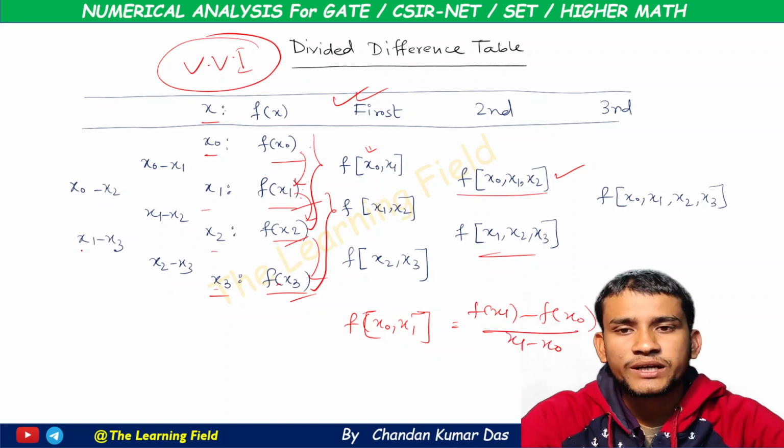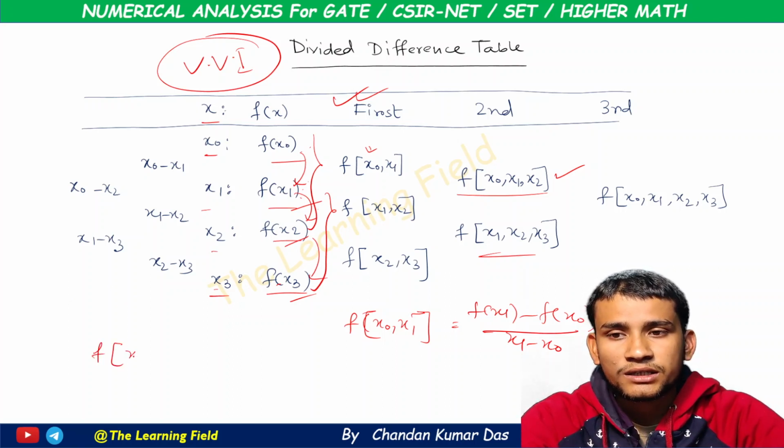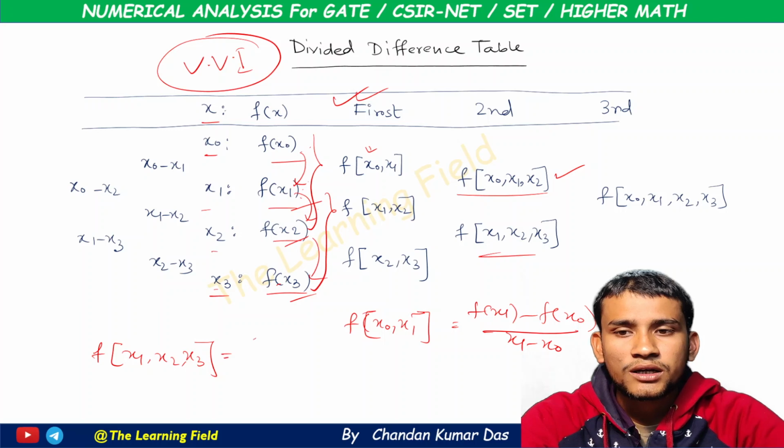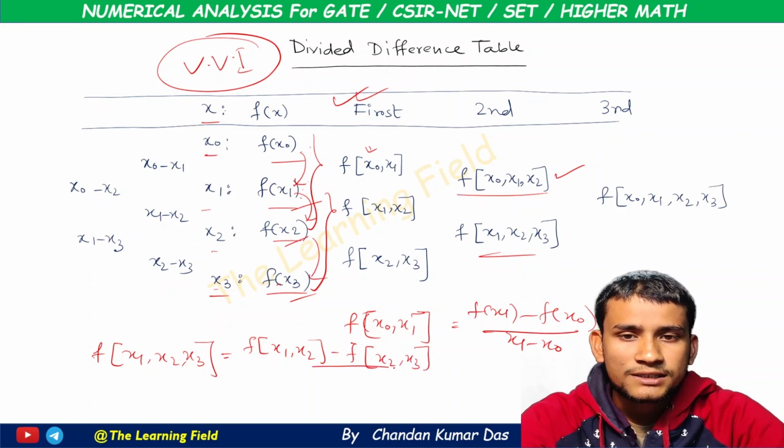Similarly, in case of second order divided difference, after simplifying we get f of x1, x2, x3 equal to this one, f of x2, x3 minus f of x1, x2 by x3 minus x1.